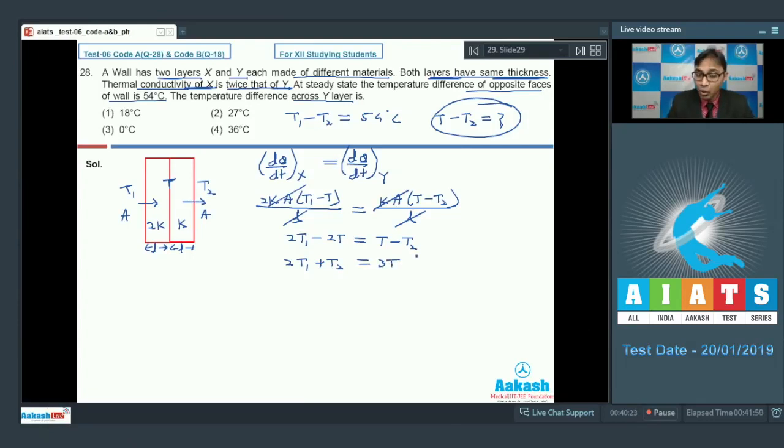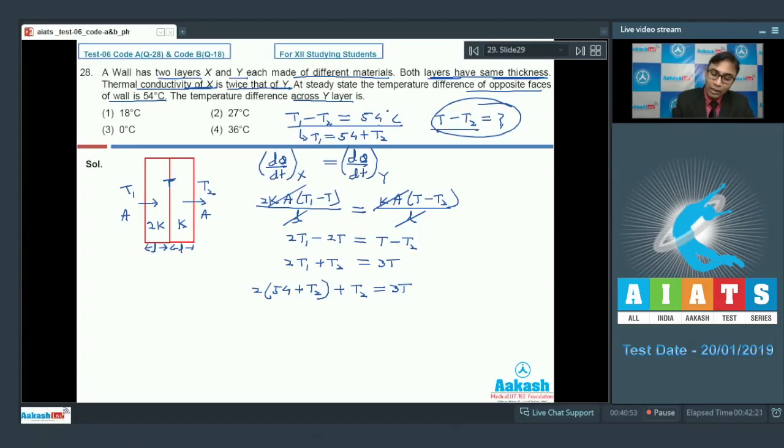But according to the question, T1 minus T2 is equal to 54 degrees centigrade. So we can write T1 will be equal to 54 plus T2. So if I put the value of T1 here, we can write 2 into (54 plus T2) plus T2 will be equal to 3T.